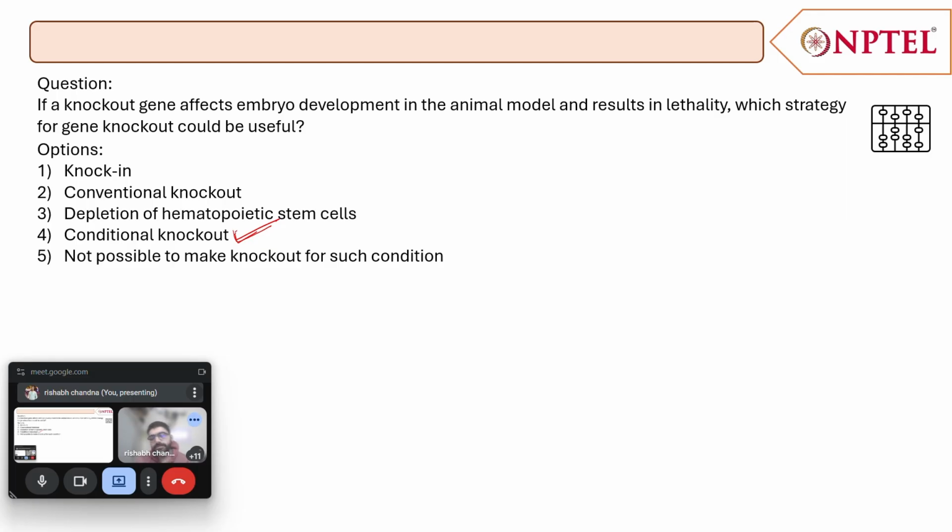Any more answers? Okay. Okay, so the correct answer is option number four, that is a conditional knockout.